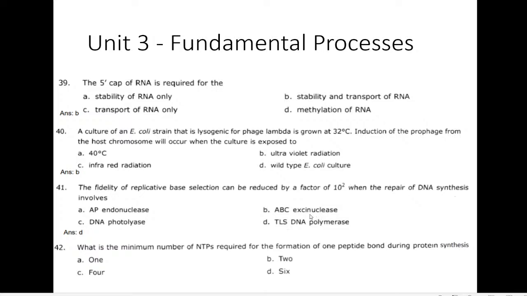This XC nuclease is a UV-specific nuclease, so it is specific to UV. It is called ABCXC nuclease. Here this is not XO, this is XC nuclease. It's a UV-specific endonuclease enzyme.